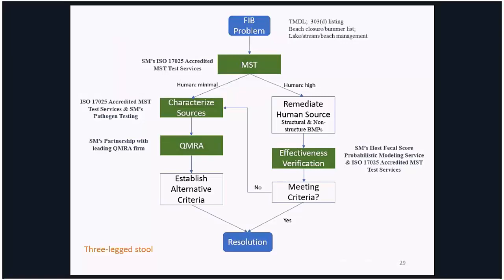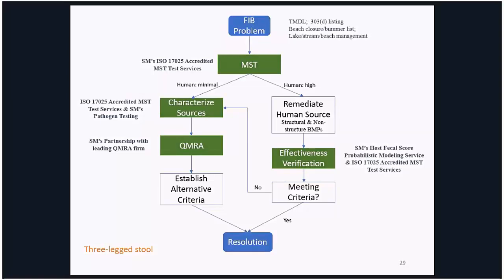If the microbial source tracking results show that you have a lot of human sources there, then you go down the right side, where you remediate the human sources using various BMPs. Then you evaluate the effectiveness of this remediation.